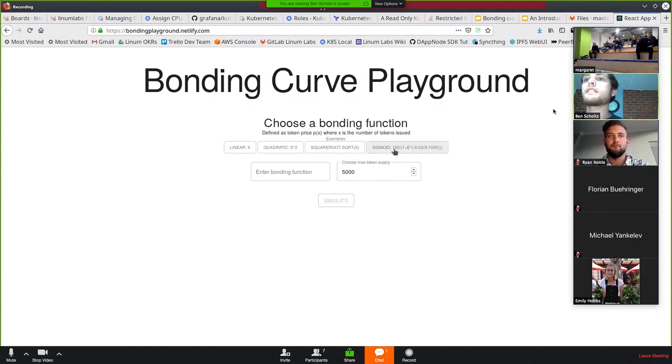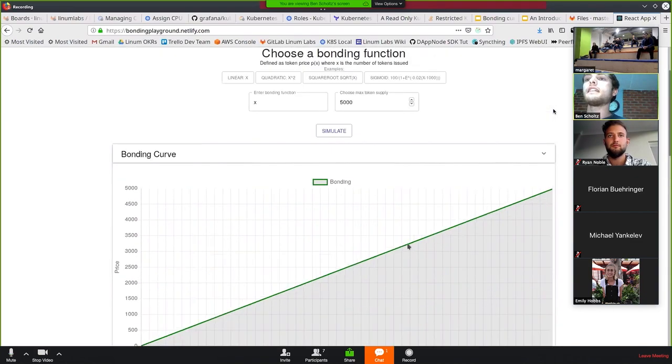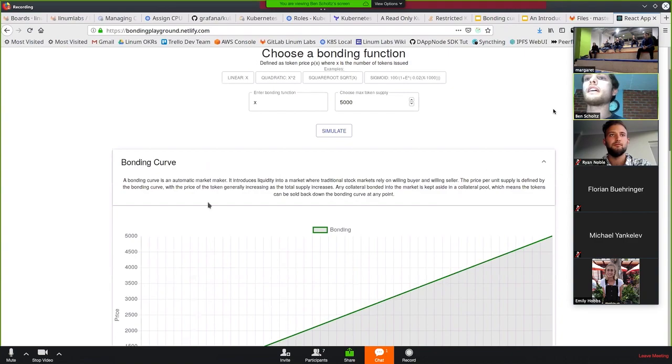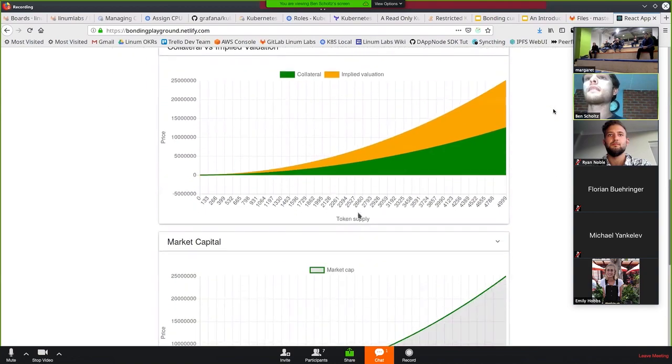If you take a basic function like a linear curve and you set the token supply to 5,000, it plots a very basic curve, and you can see the price and supply at a point along the curve. Eventually you also want to make it into a teaching tool, so you have basic descriptions of what you're looking at, maybe include the curve functions and how these curves are calculated.